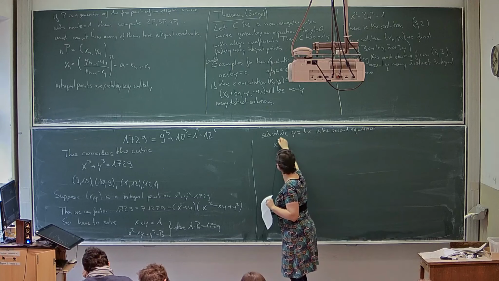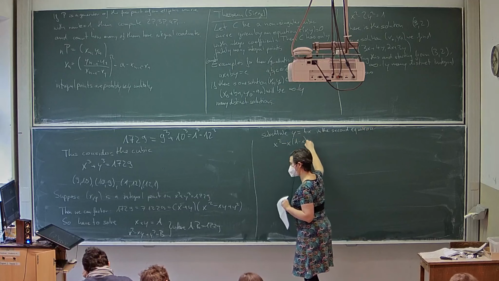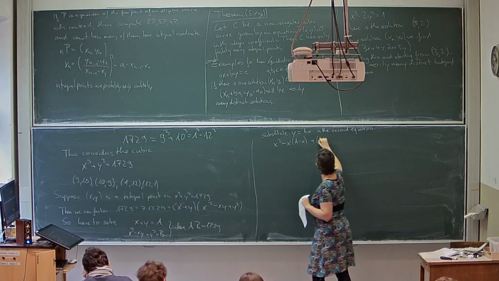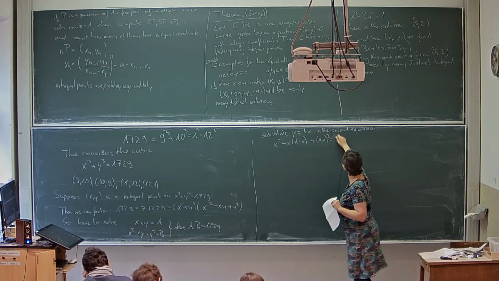So this gives that y squared minus x times a minus x plus a minus x squared is equal to b.